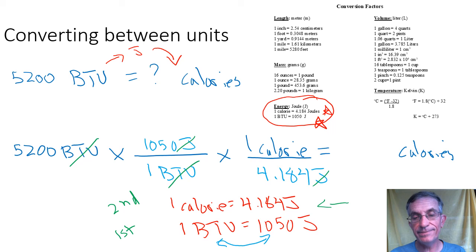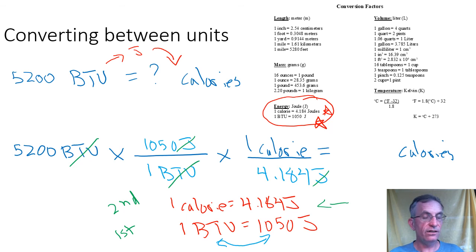Okay, so you're going to type this in your calculator and you're going to have to round it. When you round it, how many sig figs should be in your answer? It should be 2.